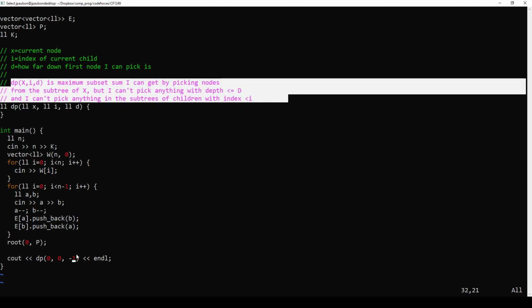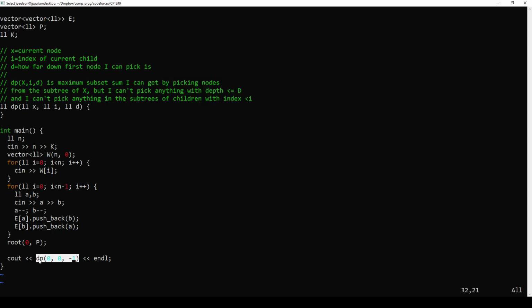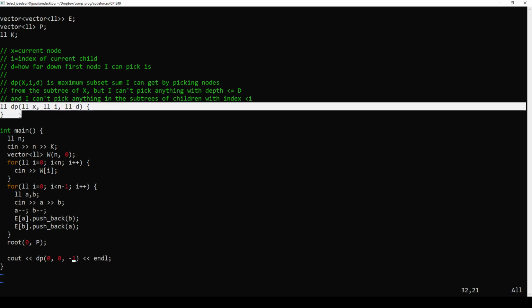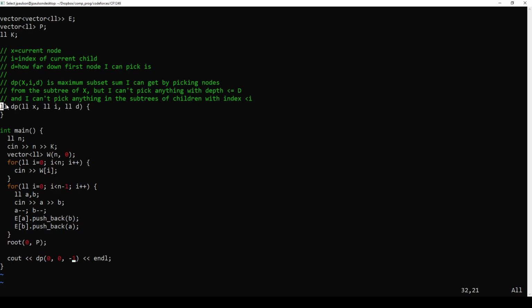This definition is going to compute the final answer for the entire tree, and the hope is that if we pick the subproblems correctly, we can solve these things in terms of smaller instances, smaller recursive calls to the same problem. We're going to recurse on the children.